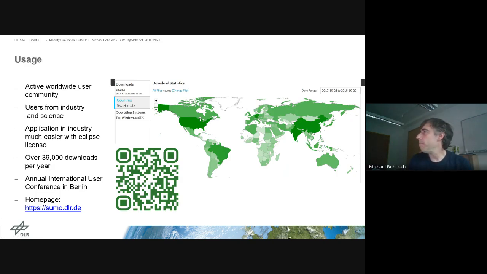Maybe some data on people who use this, or how is the community. So we have about 40,000 downloads a year. Those are SourceForge numbers, whatever they are worth, but at least they're rising.